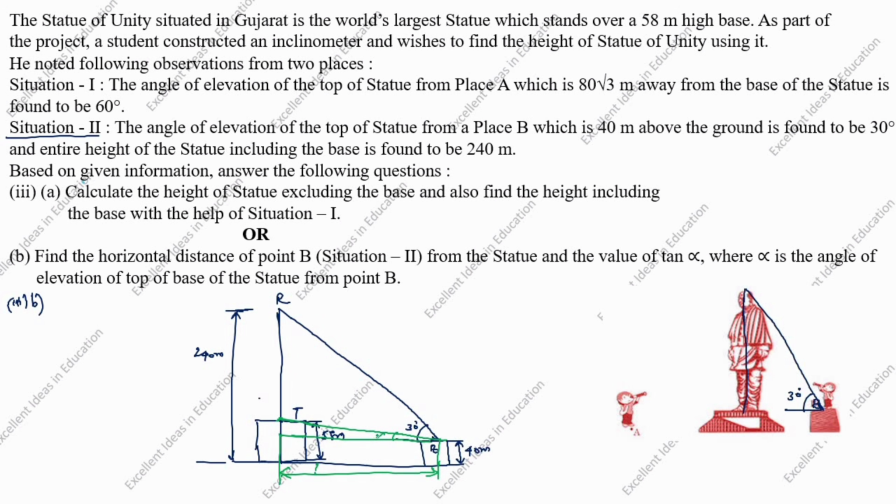This is the alpha value. Here is alpha. So this is 30 degrees. So this height is 58 minus 40, this is 18 meter. This value we need to find. After that we will calculate the tan alpha value.